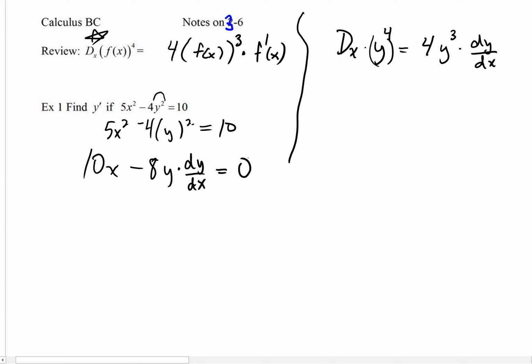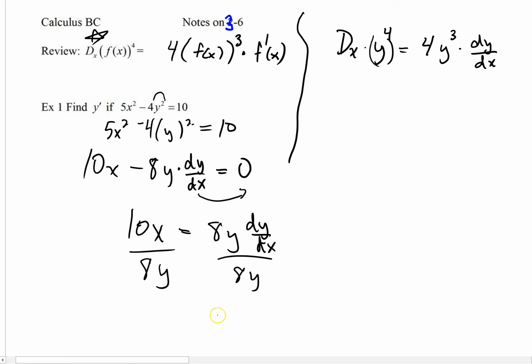So they want you to find y prime or find dy dx. Tell you what, I'm going to add this 8y dy dx over here. And then I'm going to divide both sides by 8y. And your tangent line slope, dy dx, is 10x over 8y, I'm going to divide out a 2.